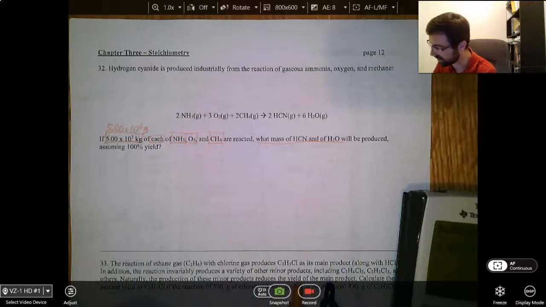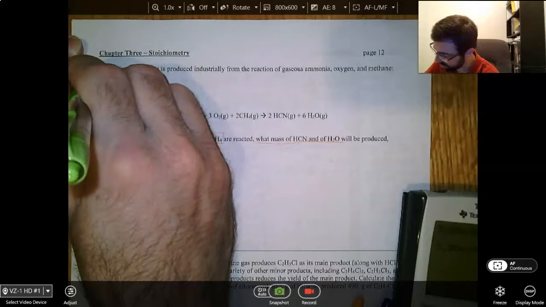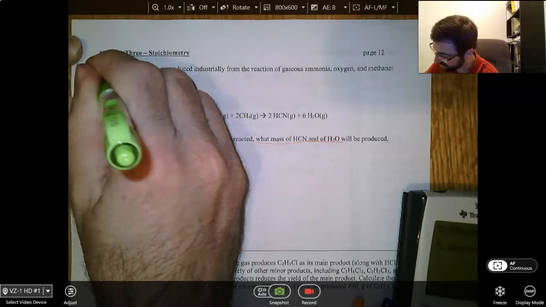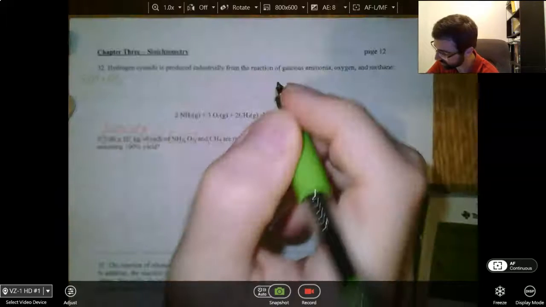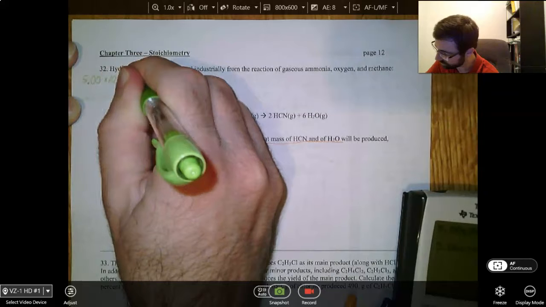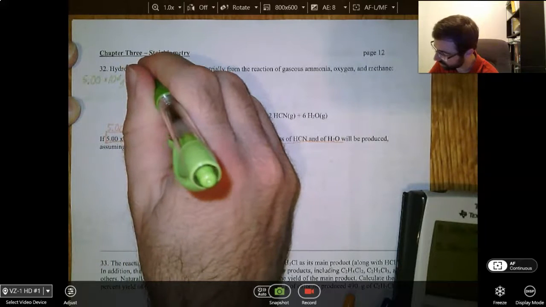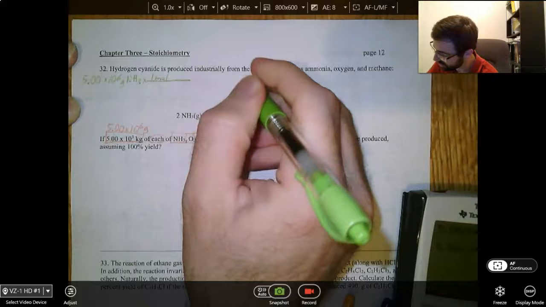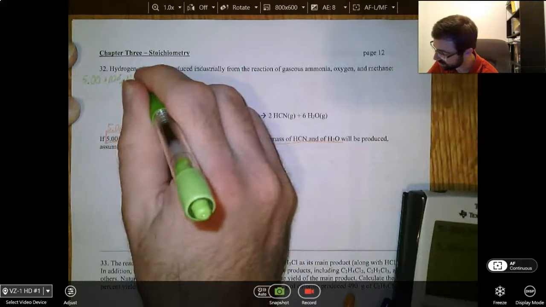Start out with this number, 5.00 times 10 to the 6th grams of, and let's start with NH3. I'm going to have 1 mole of NH3. And then how many grams of NH3would that be?